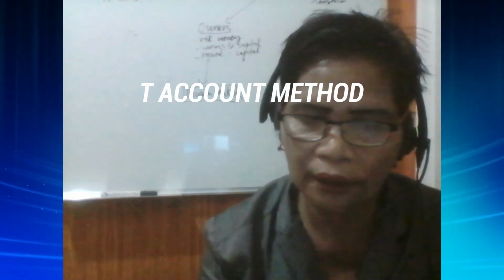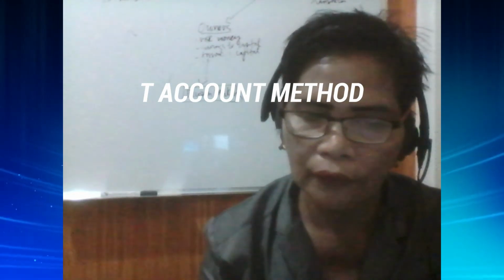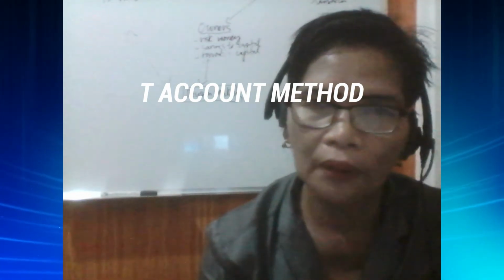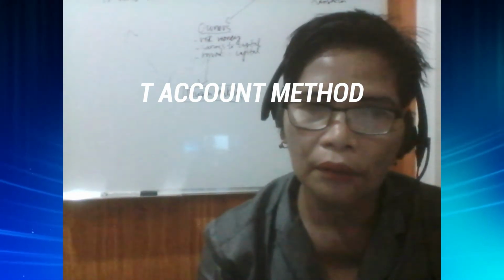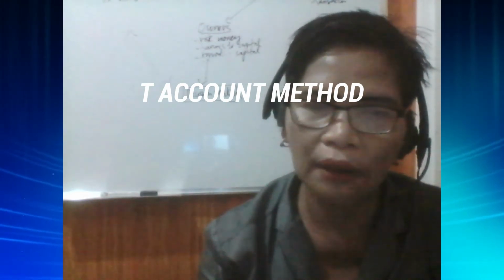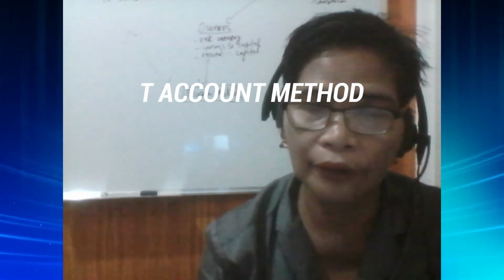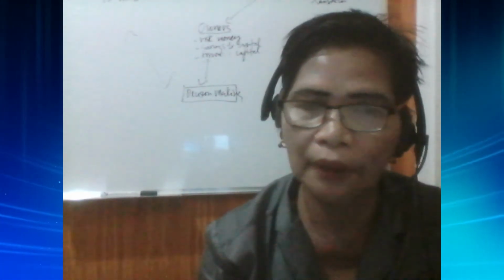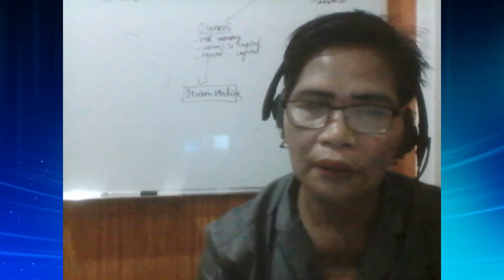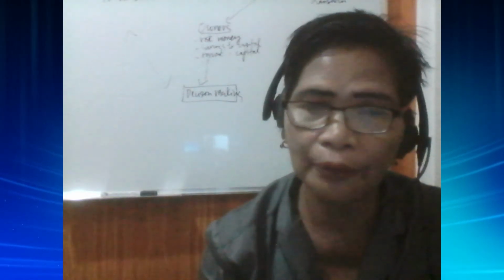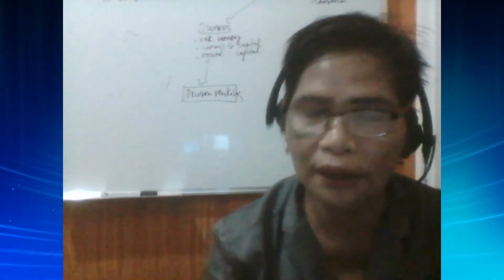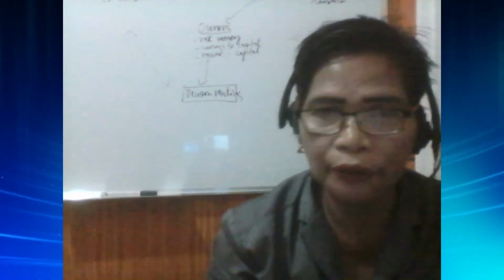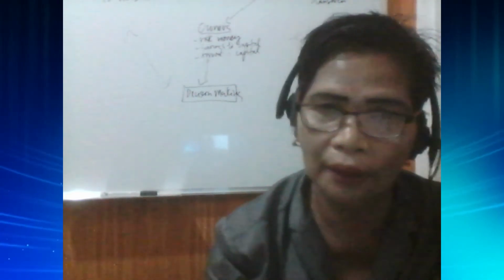So the next question is, why is it that formulating correct journal entries is the critical step in the different processes in accounting? It is because once you produce incorrect journal entries, everything will be incorrect also.